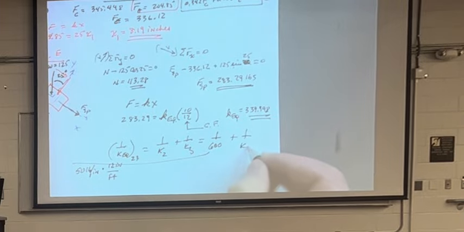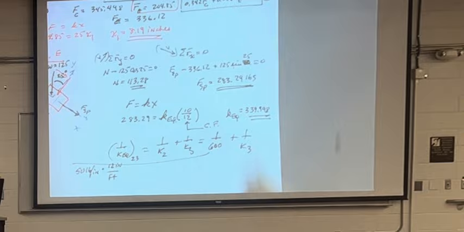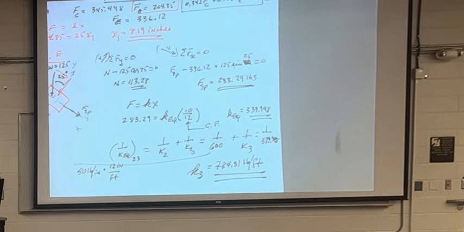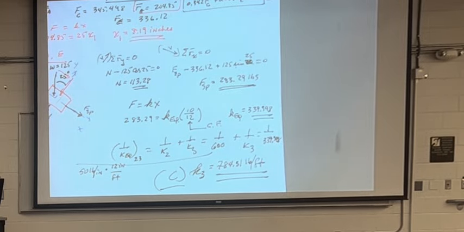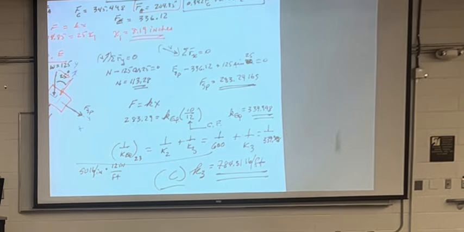Plus 1 over K3. I can solve this because this is 1 over 339.948. I can solve for K3. K3 is equal to 784.31 pounds per foot. That's part C right here. Part C. Find me the spring constant for K3.